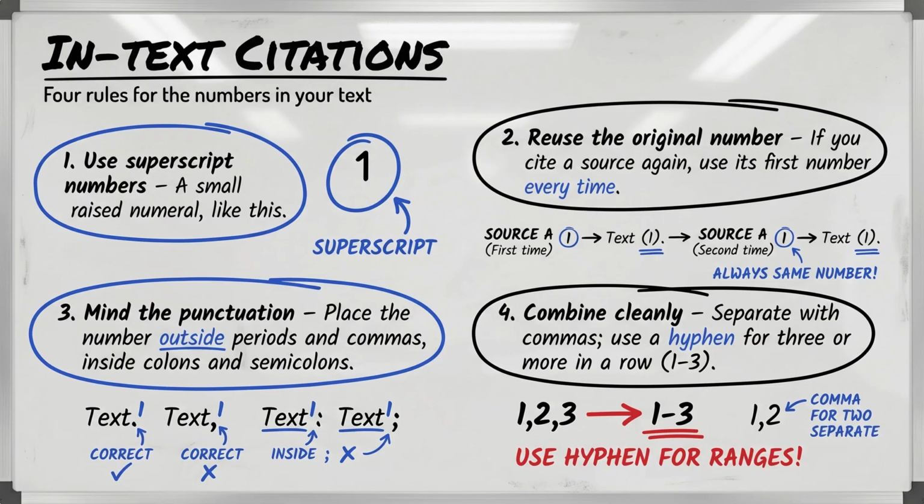The superscript goes outside periods and commas, but inside colons and semicolons. Fourth, when you cite several sources at once, separate them with commas and use a hyphen for 3 or more consecutive numbers. So 1 through 3 becomes 1-3. These rules are crucial for correctly integrating your sources. Next, we'll tackle how to format authors in your reference list.